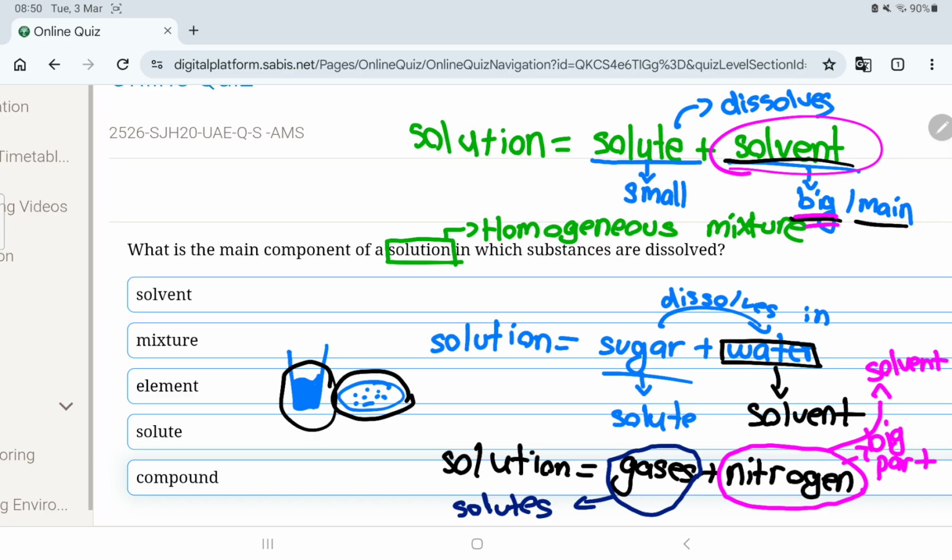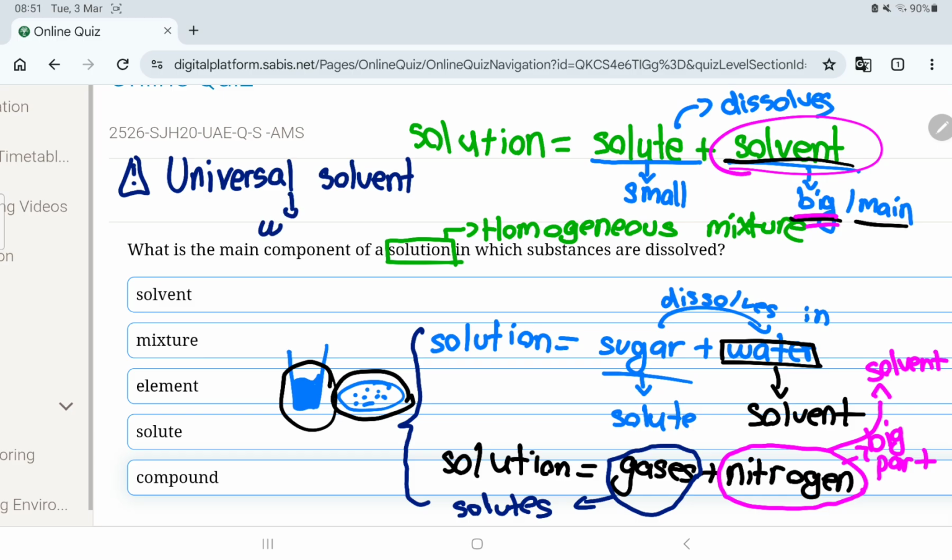Okay, they're going to ask you this. So here are two examples you can take a look at. You can take these notes if you guys want to. Also, this is important. If they ask you, what is the universal solvent? Think about what helps almost everything dissolve. The water. Why? We could say water plus sugar, water plus salt, and so many others.